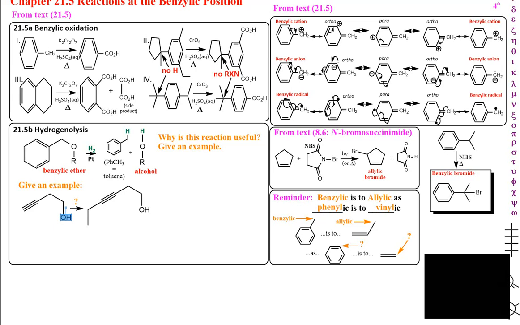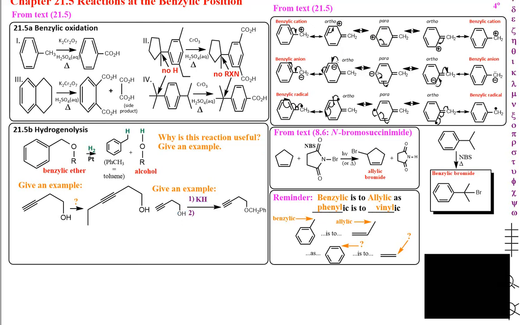How do I make a benzylic ether? Let's use a Williamson ether synthesis. So first I want to take my starting material and convert it to the benzylic ether. First I need to deprotonate the OH using a strong base.